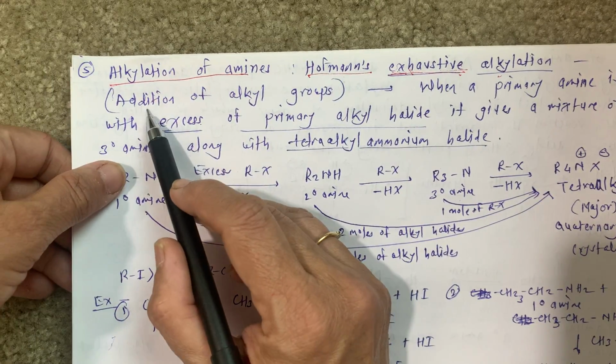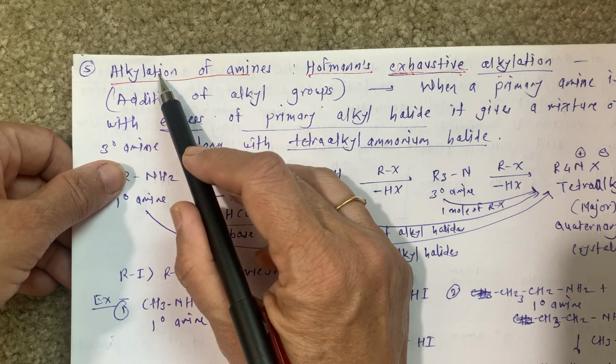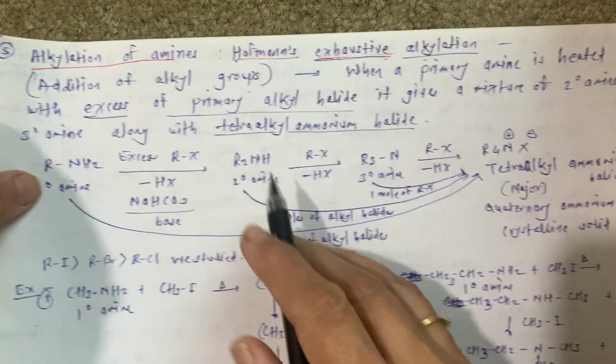So, addition of alkyl groups. Alkylation is nothing but addition of alkyl groups.